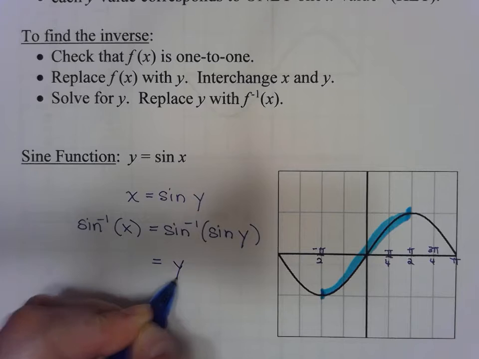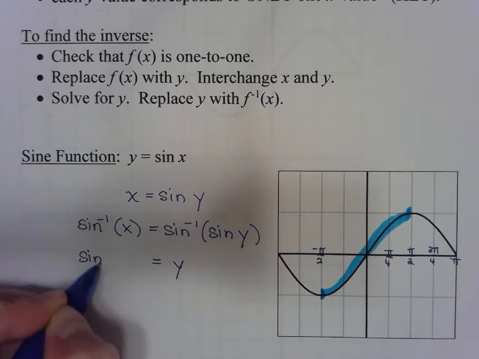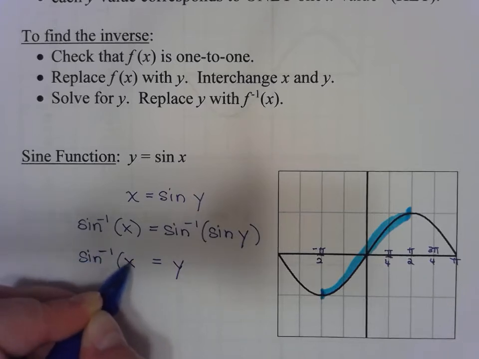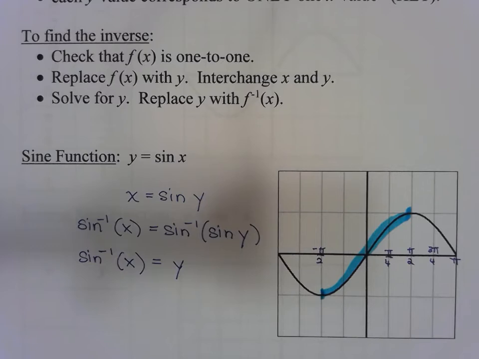That's going to leave us with y on this side and the inverse sine on the other side. Okay, so that's our inverse. Let me write this again for you in another way.